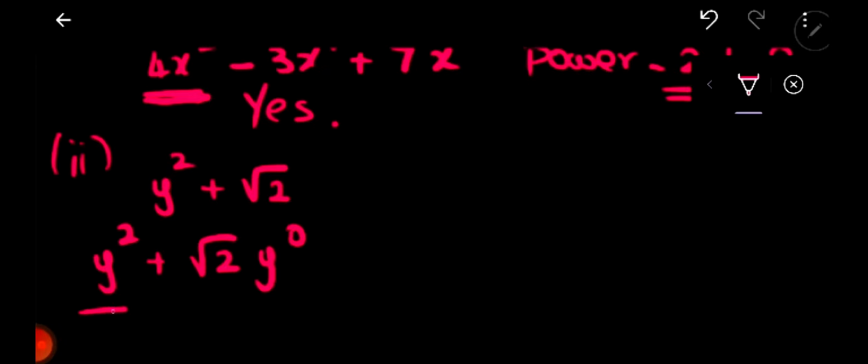In the first term, y squared, the power of y is 2, a whole number, and the other power of y is 0. So 2 and 0 are whole numbers. And second, we check whether there is any other variable in the expression or not. No other variable except y. y is the only variable. So that's why this is also a polynomial in one variable.